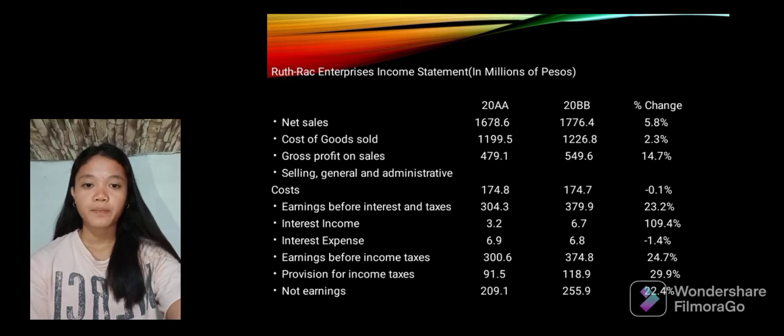379.9, 23.2%. Interest income 3.2, 6.7, 109.4%. Interest expense 6.9, 6.8, negative 1.4%.